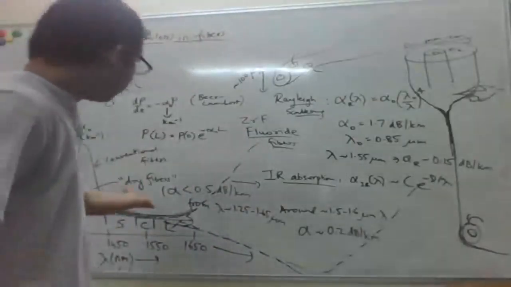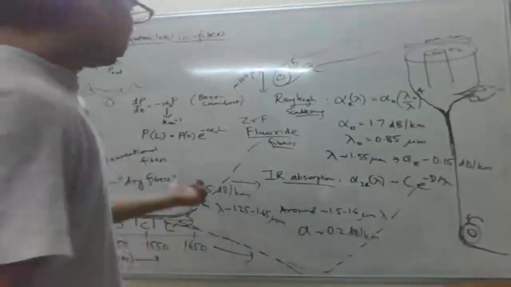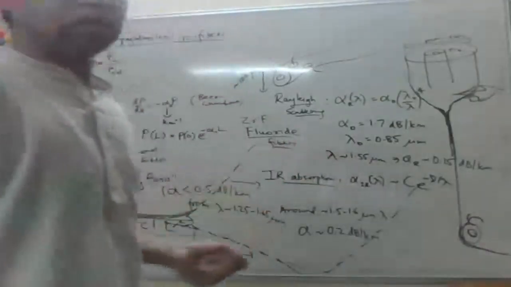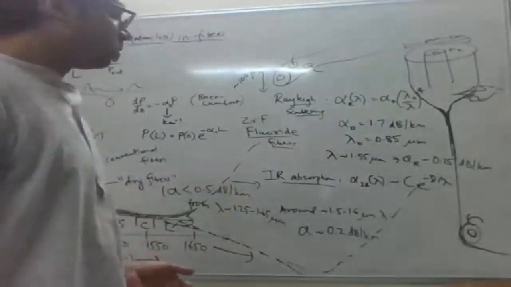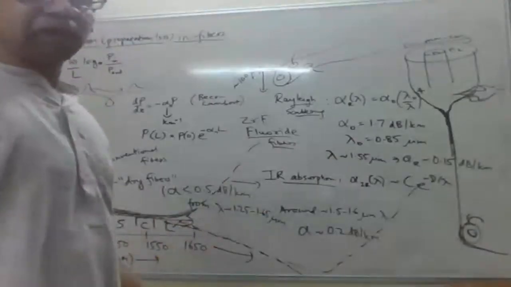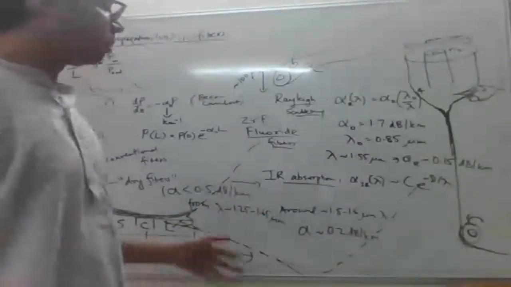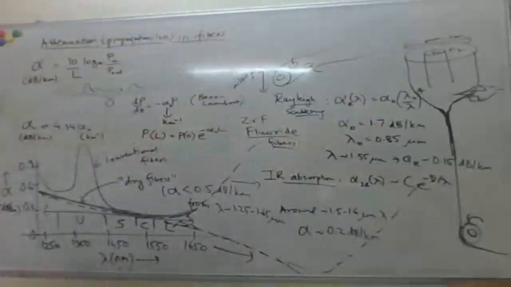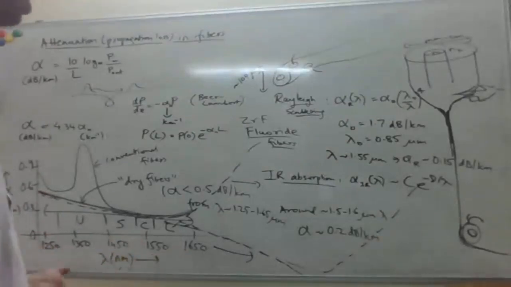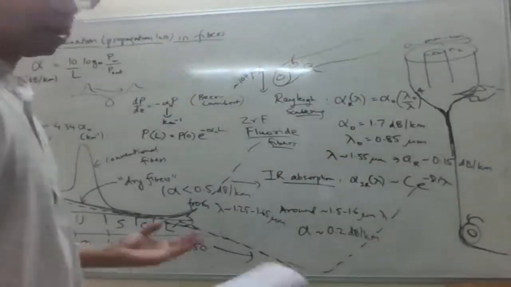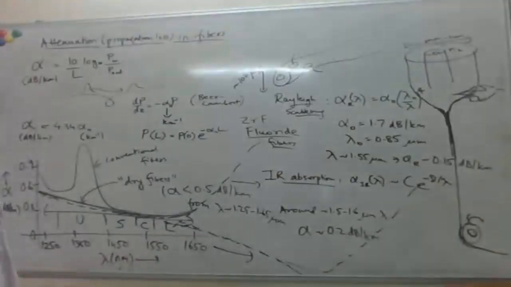And theoretically they should have even lower loss, even lower than 0.2 dB per kilometer. People have theoretically proposed you can go down below 0.1 dB per kilometer. You can maybe even improve an order of magnitude from 0.2. That would be revolutionary. That would mean, for example, you require a lot fewer optical amplifiers and repeaters along the way.